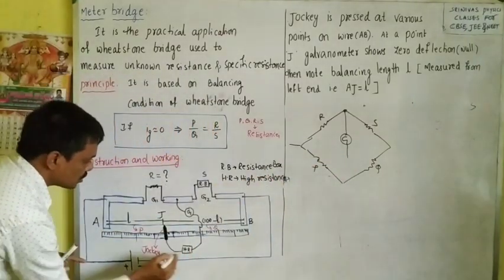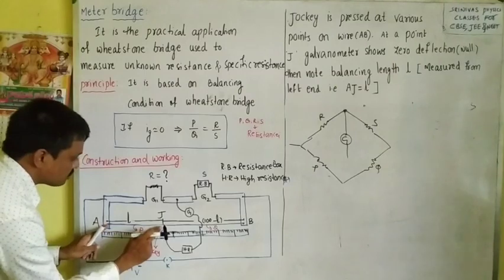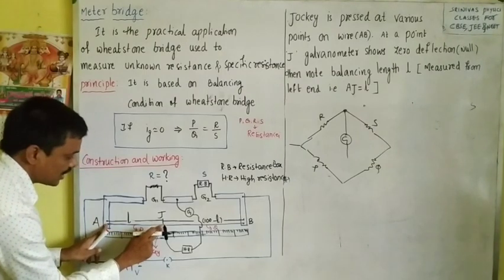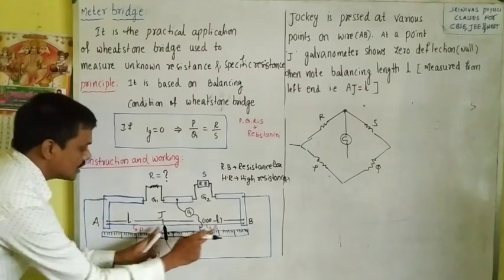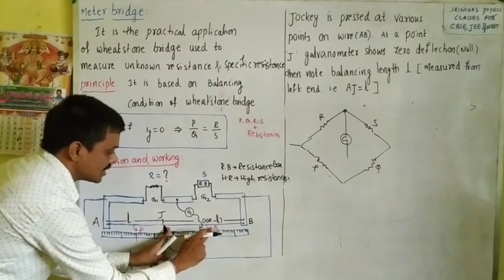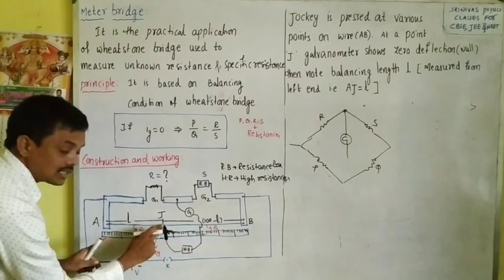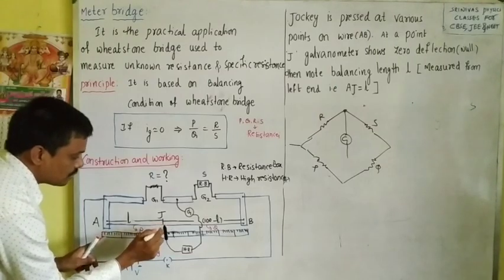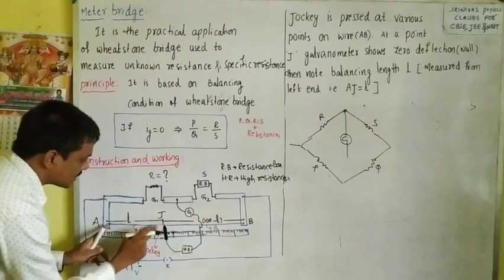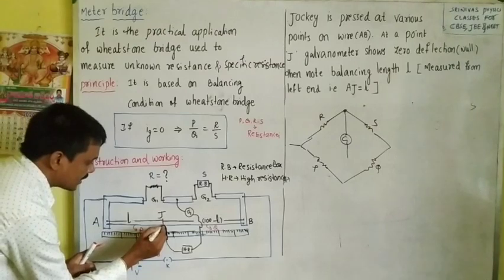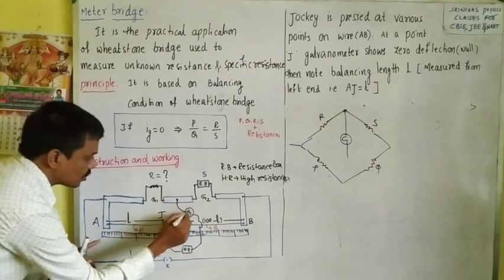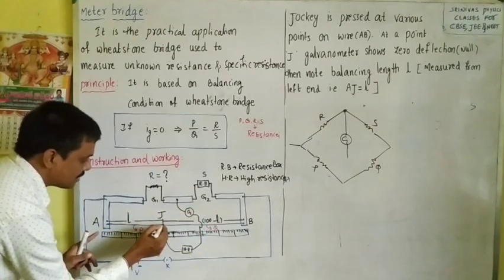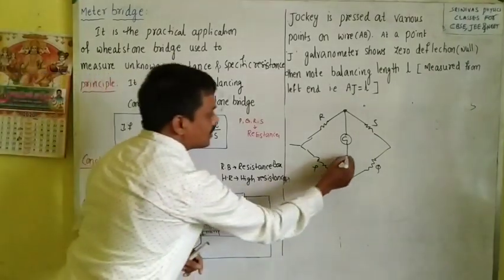In between P and Q, this part of wire has a resistance P, and this part of wire has a resistance Q. This is some point. And the galvanometer is connected to the point where P and Q touch each other.